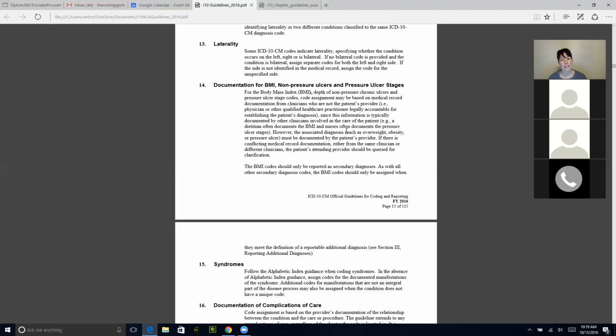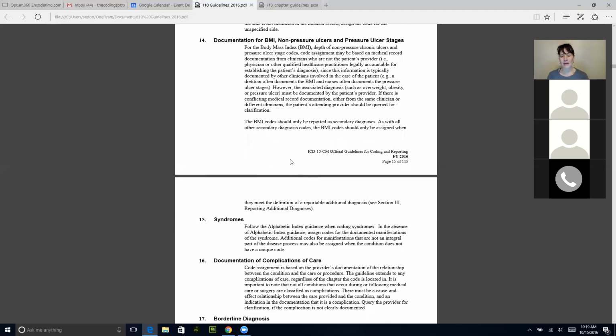But the BMI can be documented by a dietitian or an MA, while the actual diagnosis that correlates with the BMI, whether it be overweight or obese or morbidly obese, has to be documented by the provider. BMI code should only be reported as a secondary diagnosis. As with all other secondary diagnosis codes, the BMI code should only be assigned when they meet the definition of a reportable additional diagnosis. And that's in another section that we can cover.